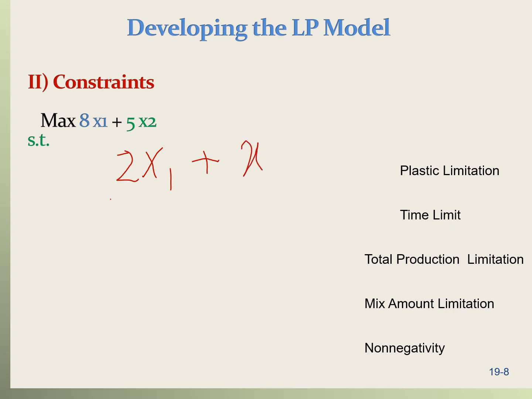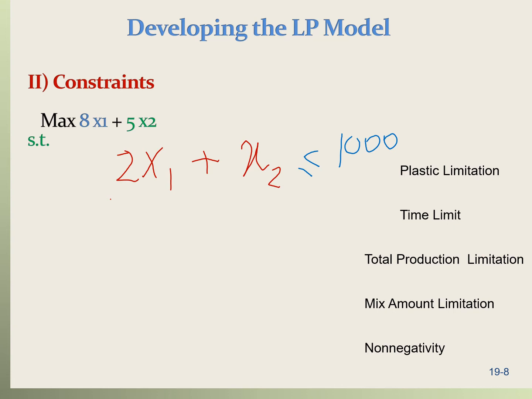I'm not going to write the 1. So that's 2x1 plus x2. This is the total amount of pounds of plastic used to produce x1 and x2, the space rays and zappers. This should not exceed 1,000. In mathematical terms, this should be less than or equal to 1,000 pounds. Okay, so we wrote our first constraint.